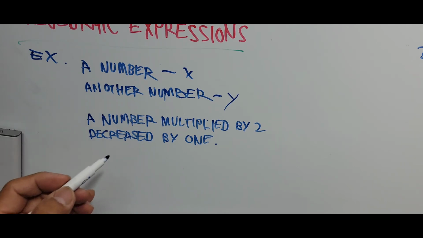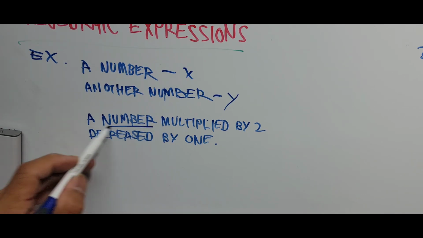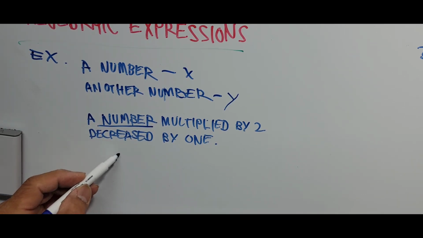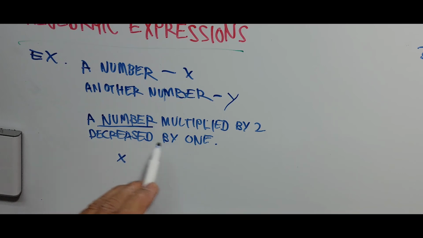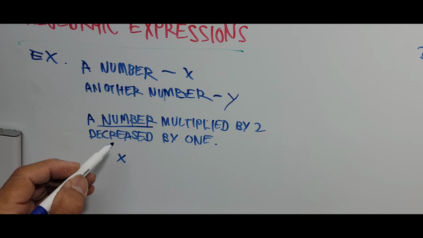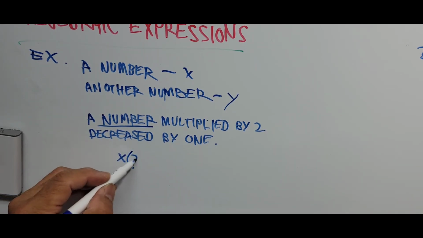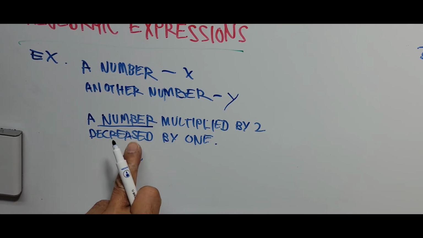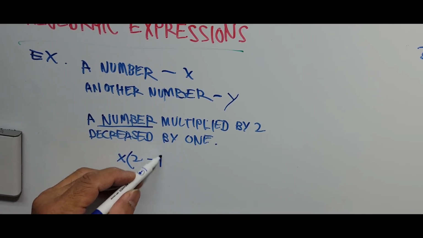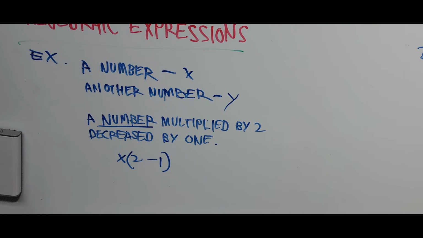Let's signify it as X. So a number multiplied by 2 decreased by 1. How are you going to do that? A number multiplied by 2, so x multiplied by 2. Decreased by 1. It can be that.